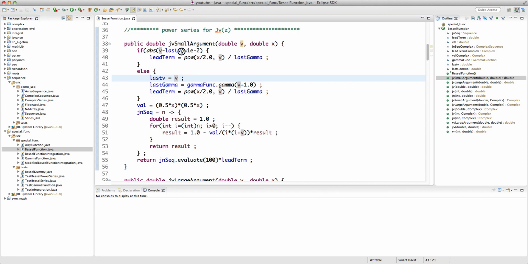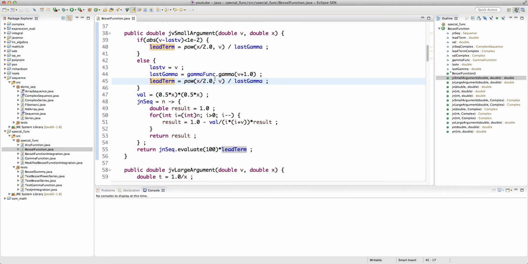But then if nu has changed, its difference from last nu is greater than 0.01, which is a good measure of change, then we update the last nu, we update the last gamma, and then we calculate the lead term, x over 2 to the power of nu over last gamma. And again, this works for only positive x. For negative x, the result is a complex number, which is fine, we can calculate it.